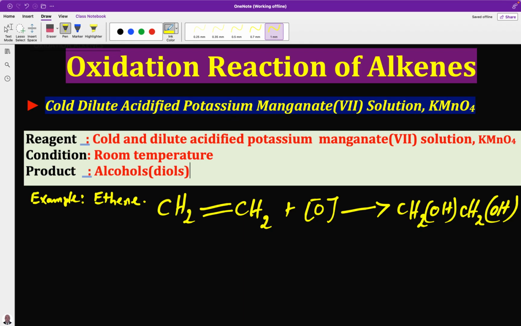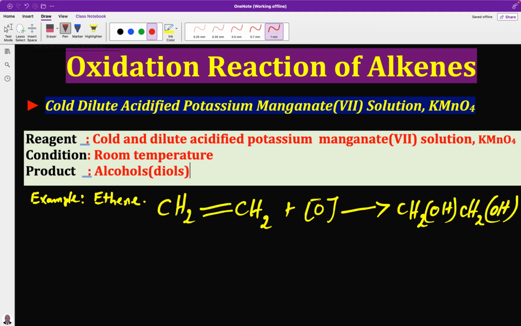Remember, as I told you, this is an oxidation reaction. The oxygen in the square bracket indicates that the oxygen is from an oxidizing agent. The oxidizing agent will help to provide the oxygen.